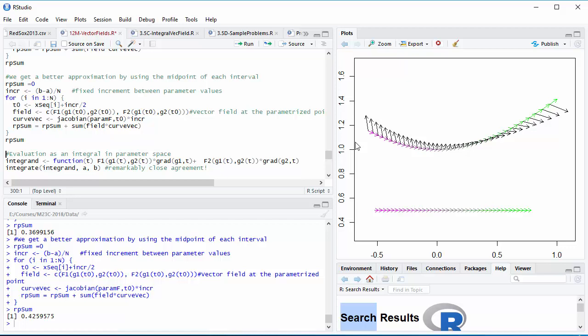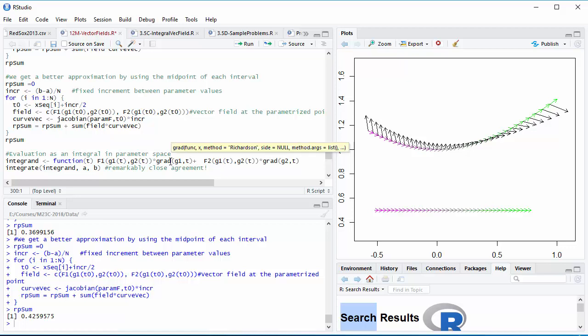But I can do this much, much better by just evaluating an integral in parameter space. So I say I'll define a function of my parameter t. What I do is take the first component of the vector field multiplied by the partial derivative of the first component of my parameterization function, g1, with respect to t.